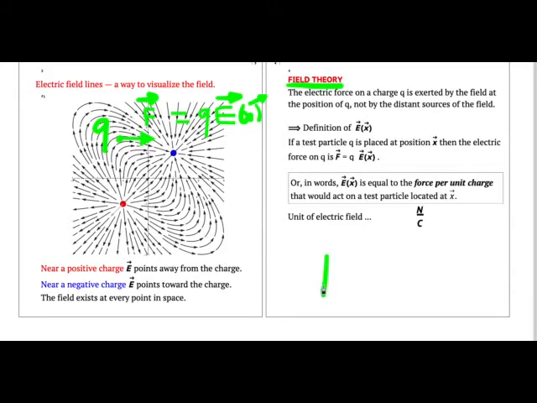So the force on Q is equal to the charge Q times the electric field. Now the electric field spreads out through the whole space, so the electric field at what point? Well, at the position of Q.